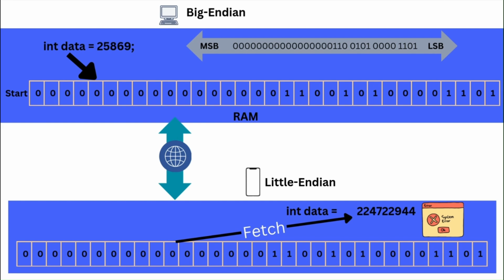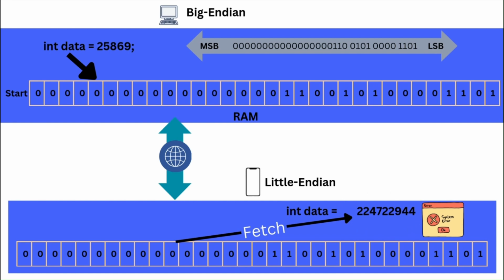So due to these kinds of things we need to be careful. When we are dealing with systems with different endianness, we first have to fetch the data, then convert it into the right endianness, and then convert it into decimal. These things we will discuss in further lectures.